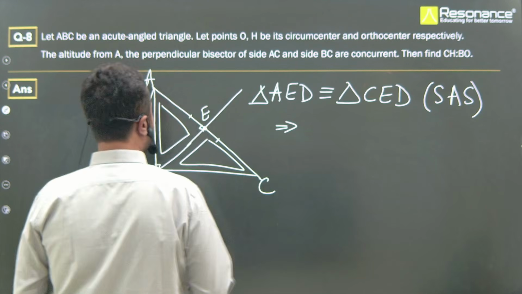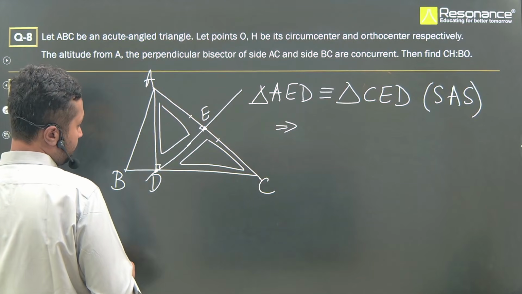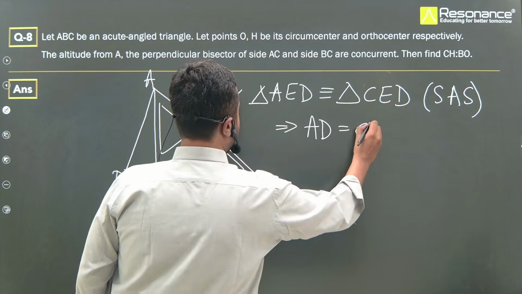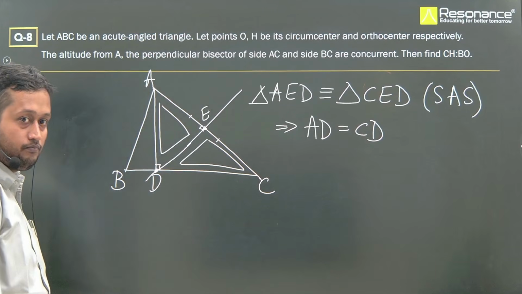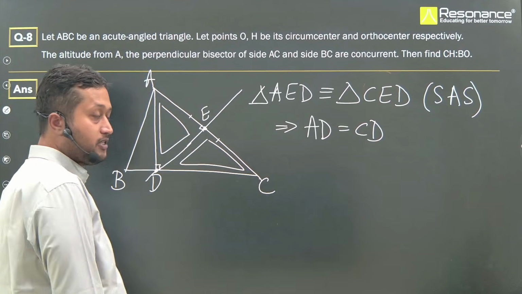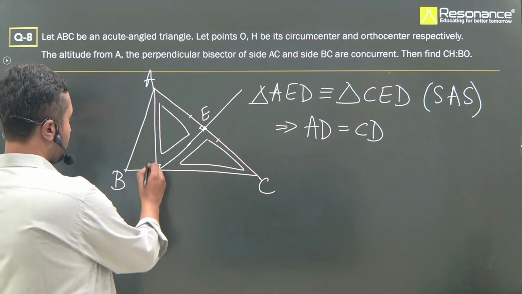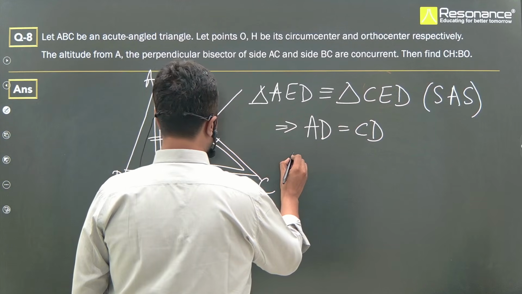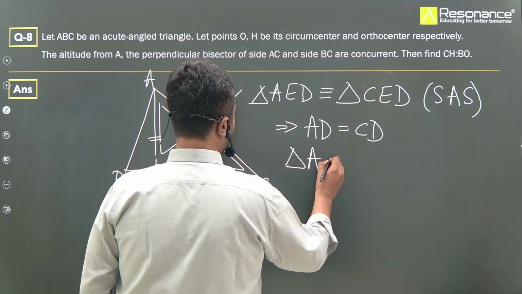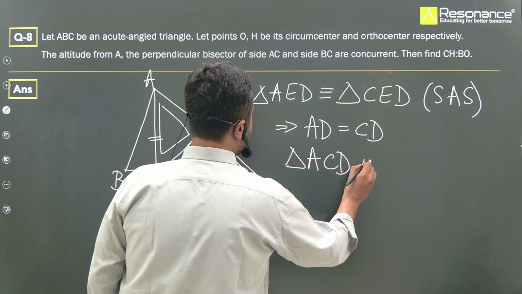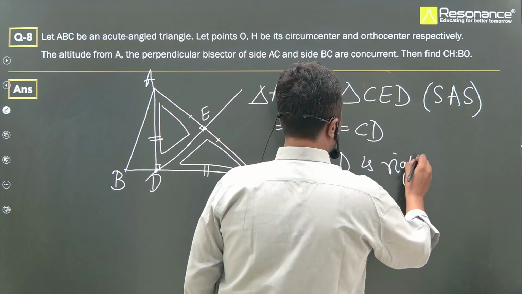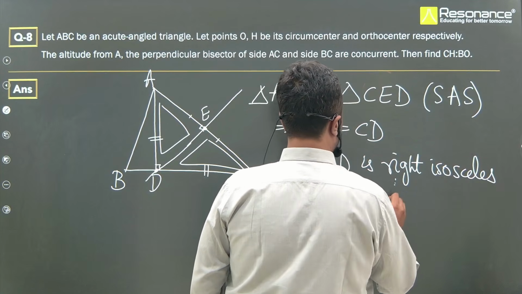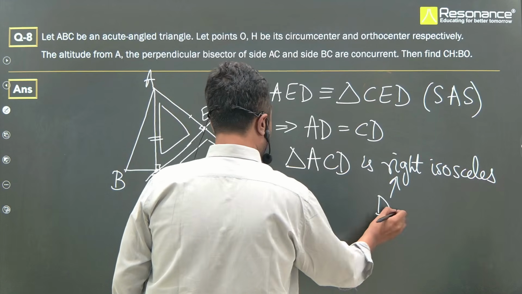So what you can conclude now is that AD must be equal to CD. The other corresponding parts must be equal to each other. So AD is equal to CD. So what is that really telling you? It's telling you that triangle ACD is right isosceles. And where is it right? It is right at D.